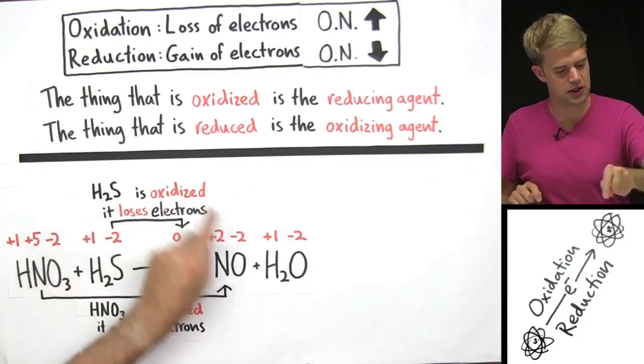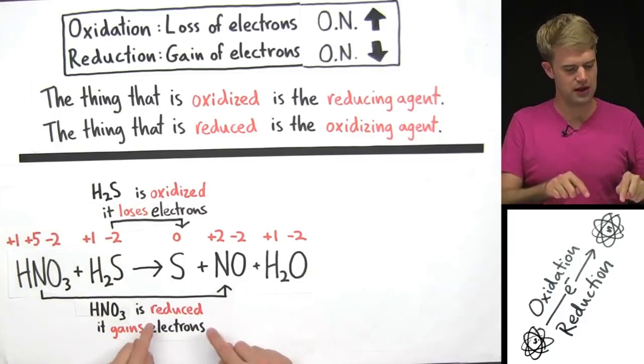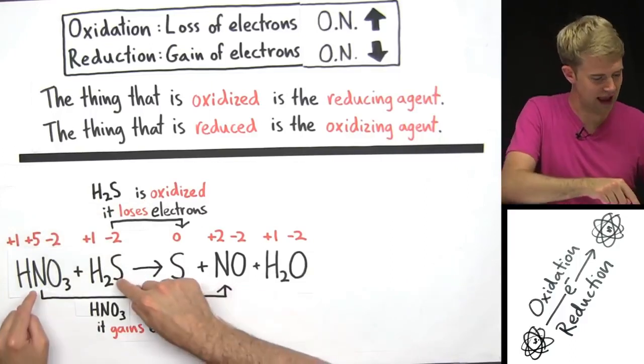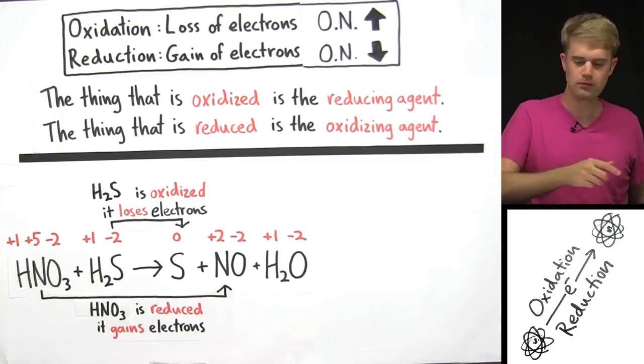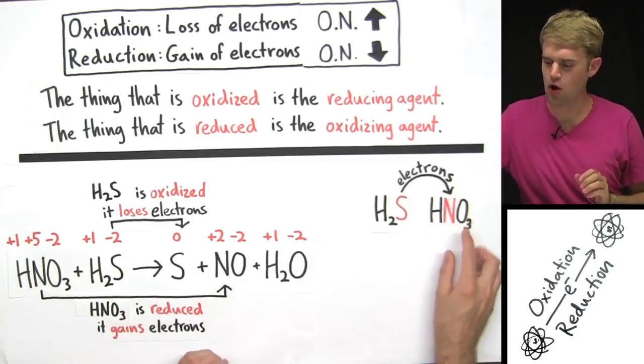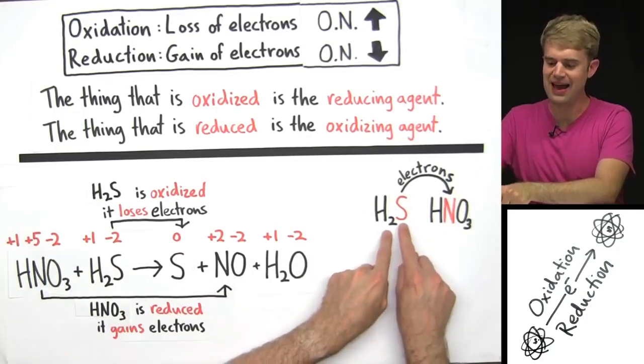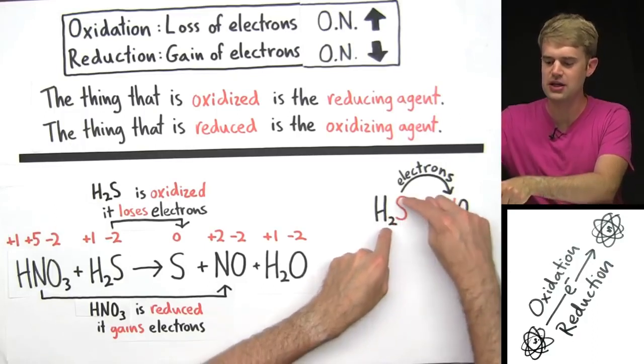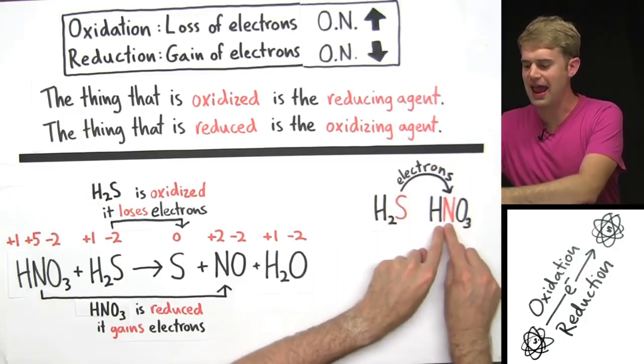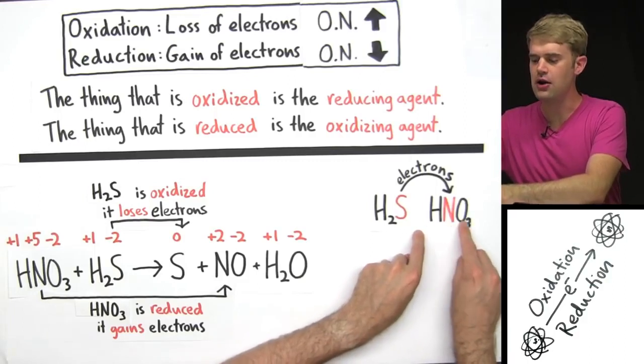So H2S is getting oxidized, HNO3 is getting reduced because these atoms are part of these compounds. So we can sum this up with the diagram that I drew. The sulfur from H2S is giving electrons to the N in HNO3.